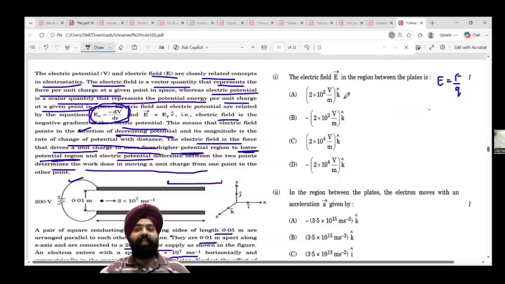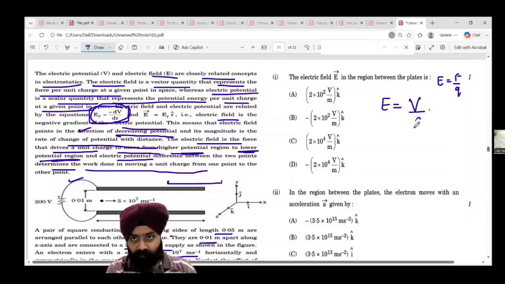अब देखो, electric field in the region between the plates. How can we calculate the value of electric field here? You know the formula? What is the formula to calculate the electric field? So what is the value of potential? 200, and D, the distance, is 0.01 meter.